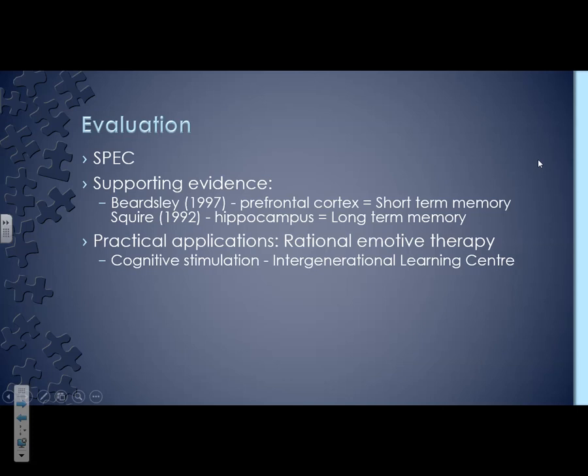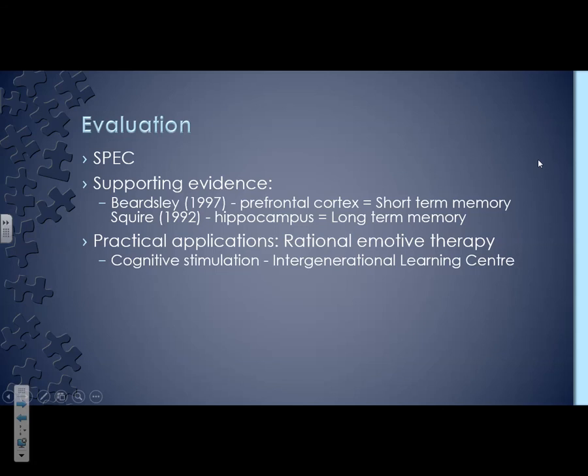We've also got cognitive stimulation. It's found that cognitive stimulation, having stimulating thought processes, improves your quality of life, particularly towards the end of your life, and reduces your chance of Alzheimer's. And there's a really interesting newspaper article on an Intergenerational Learning Centre, which is, I don't know if you've heard of this or come across it in videos, there's a couple of different ways. This one, it's for the very, very old, so the elderly in care.